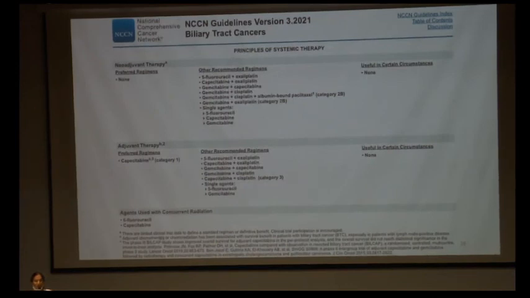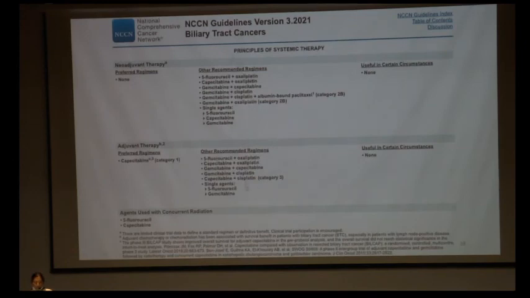For neoadjuvant therapy, no regimen is considered a preferred regimen because no trial has so far shown a survival benefit. These regimens are used when indicated, mainly in borderline resectable cases. For adjuvant therapy, capecitabine, as we have discussed, is category 1, and all these regimens can be used.